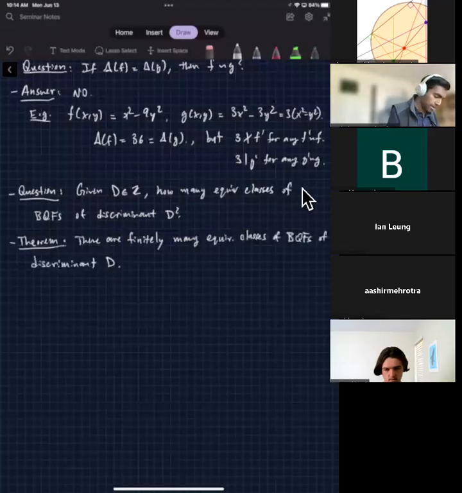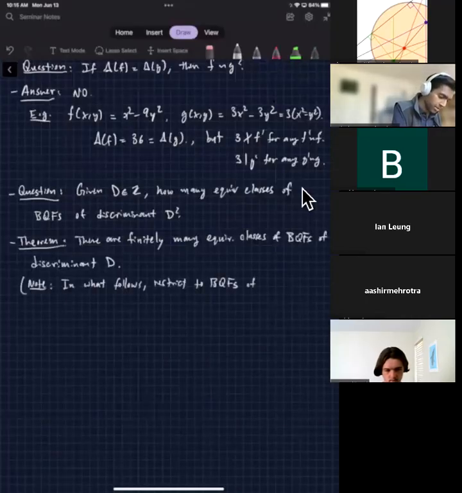Okay, so just as a note, in what follows, for the sake of simplicity, I'm just going to restrict consideration to BQFs of negative discriminant.